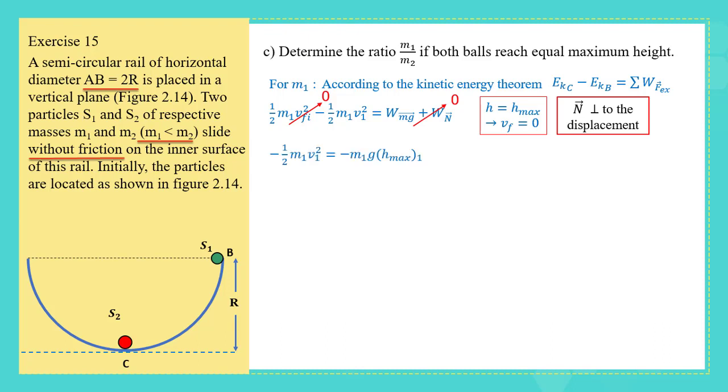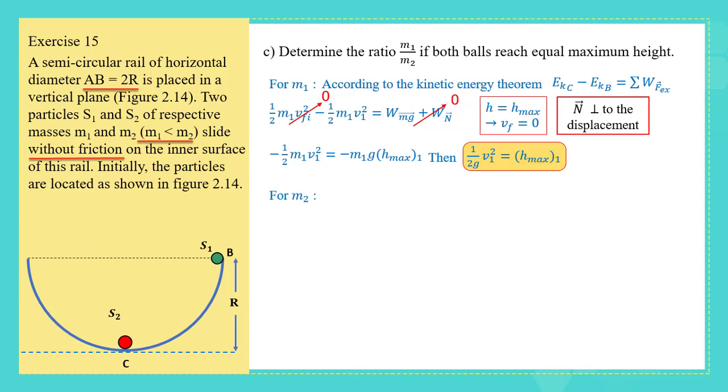So, minus half m1 v1 squared equals minus m1 g h maximum, since the ball is moving upward, the work done by weight is negative. Then 1 over 2g times v1 squared equals h maximum 1.